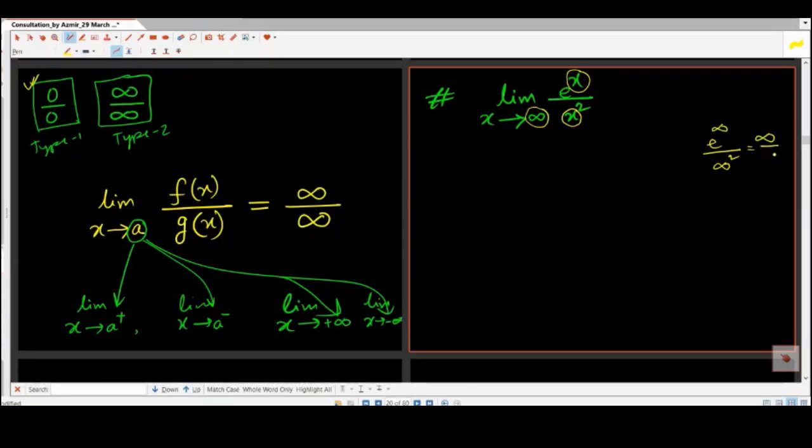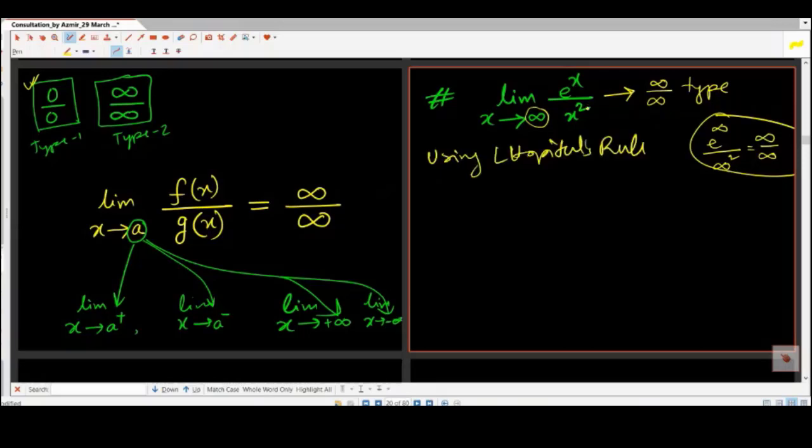Infinity squared is again infinity. So that means it is of infinity over infinity type. So since we have infinity over infinity, we can apply L'Hopital's rule. So using L'Hopital's rule, we can solve this problem.